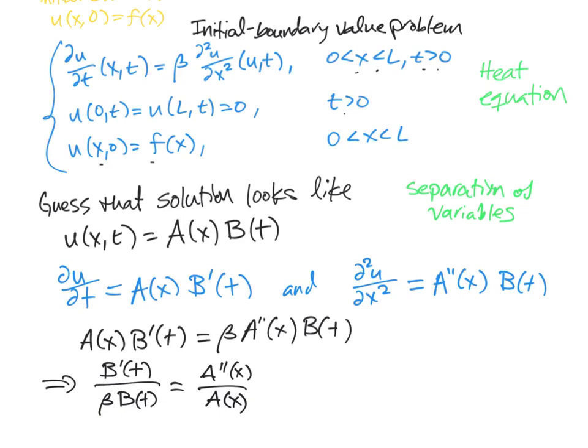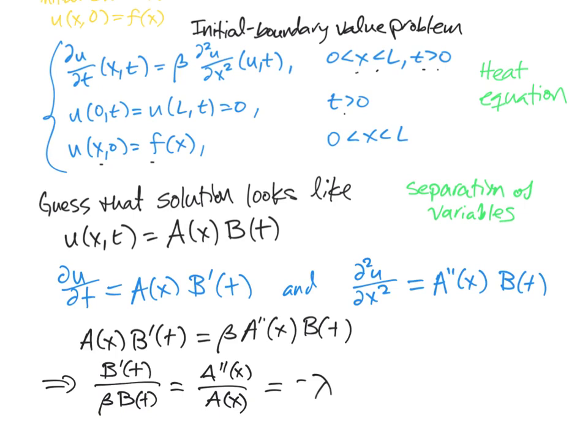Now let's say we fix time t, then the left-hand side will just be a constant because we've plugged something in for t. And so no matter what x is, the quantity on the right-hand side will have to be a constant as well because it's equal to the left-hand side. So this equality must also equal some constant. And just by convention, we call this constant negative lambda.